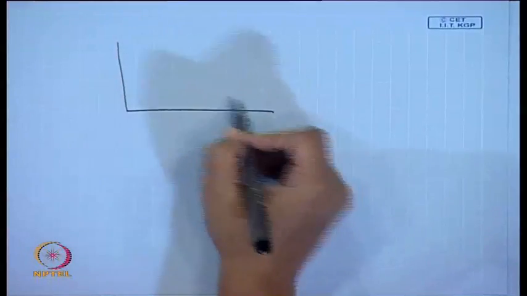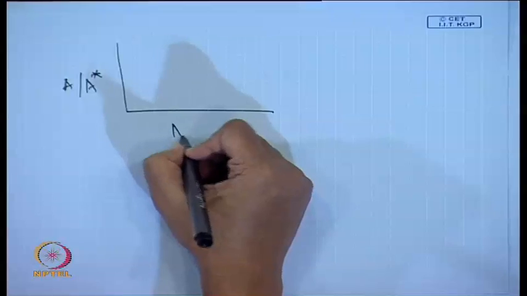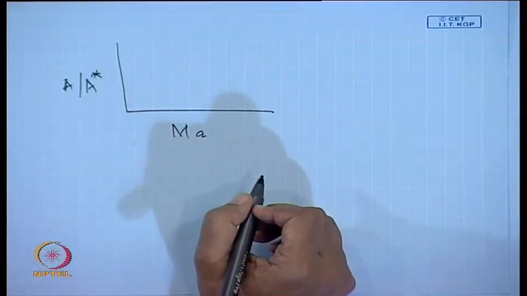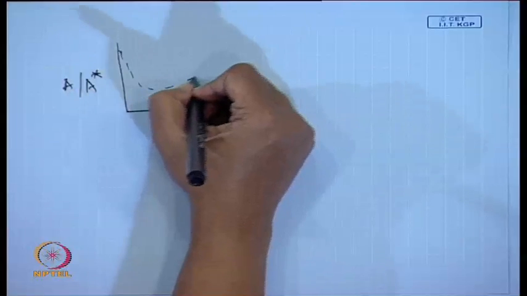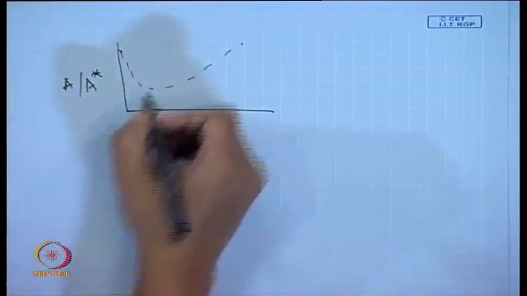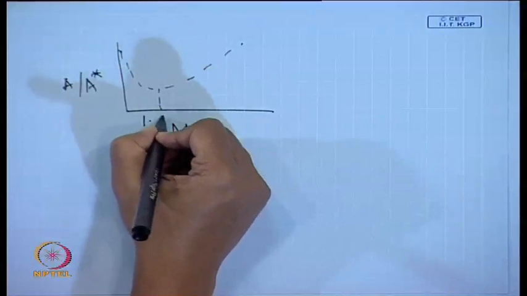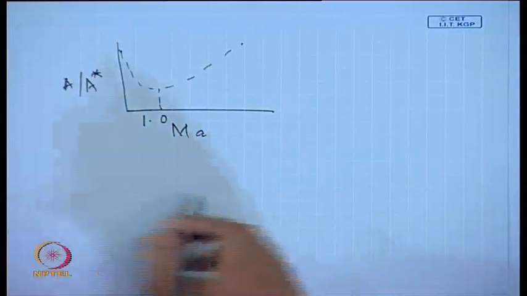So, if we plot A by A star as a function of Mach number, what do we get? We get a curve something of this sort, okay, where this is obtained at M A equals 1.0. So, what do we find from here?